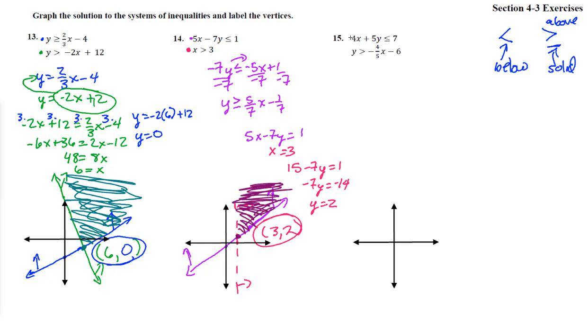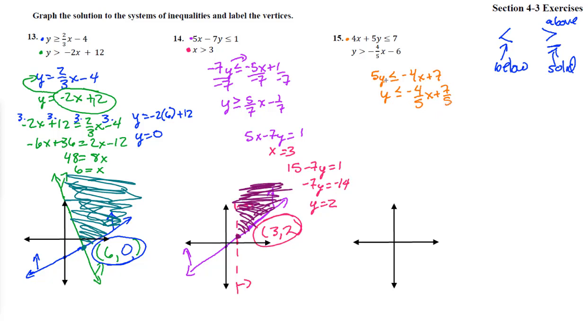All righty, let's move on to number 15. We have 4x plus 5y is less than or equal to 7. So let's subtract 4x from both sides and we get 5y is less than or equal to negative 4x plus 7, and then divide by 5. Y is less than or equal to negative 4/5 x plus 7/5.